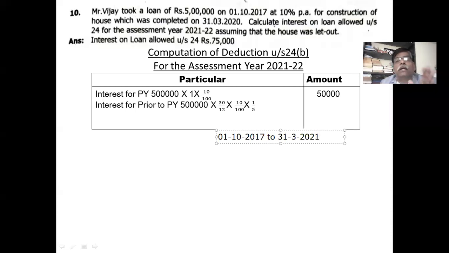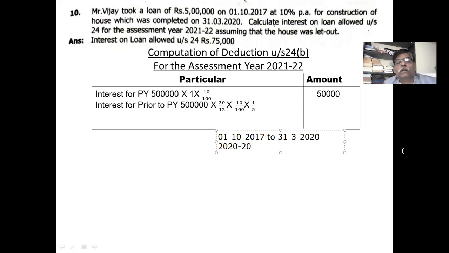This is the prior to previous year. Wait, 20, not 21. It is 20. This is the prior to previous year. Your previous year is 2020-21.